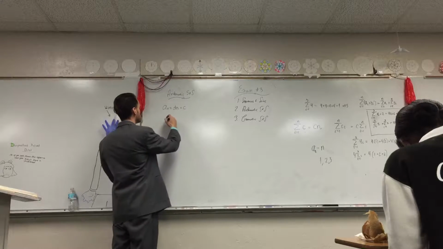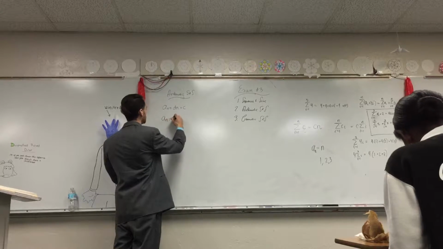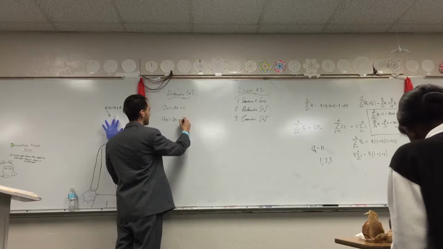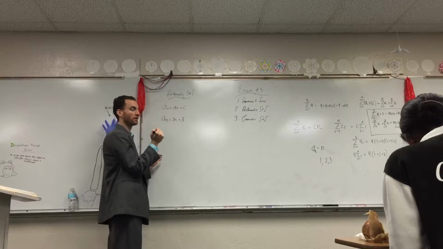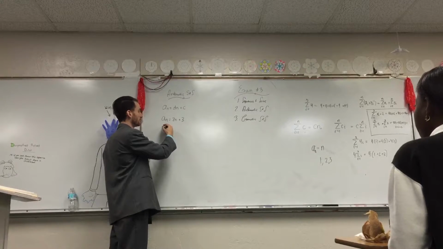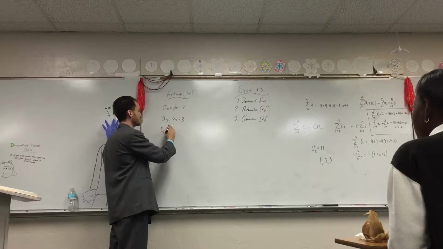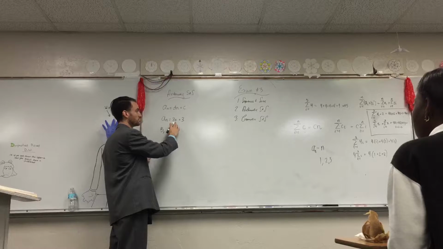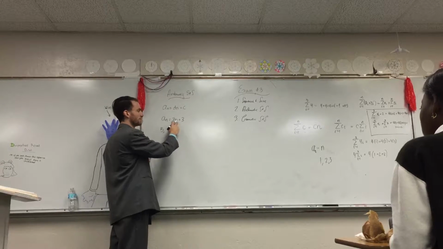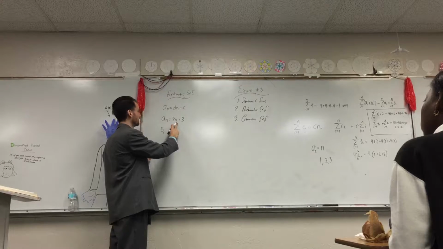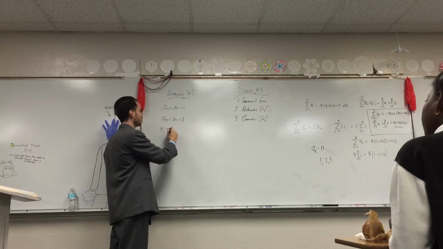So what's an example of this? a_n equals 2n plus 3. The first term, n equals 1, would be what? 5. And the second term, n equals 2, 2 times 2 is 4, plus 3 is 7. Good.